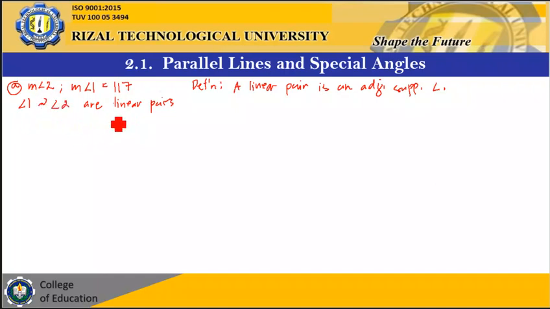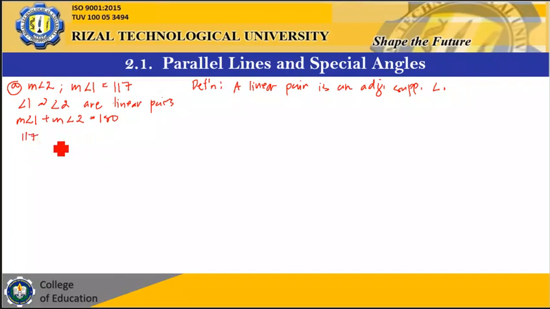The technique here is that you know how to distinguish the relationships between the pairs of angles. So we know that angle 1 and angle 2 are linear pairs, and based on the definition, their sum must be equal to 180. We know that the measure of angle 1 is 117.